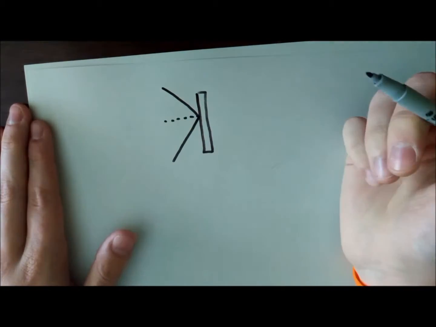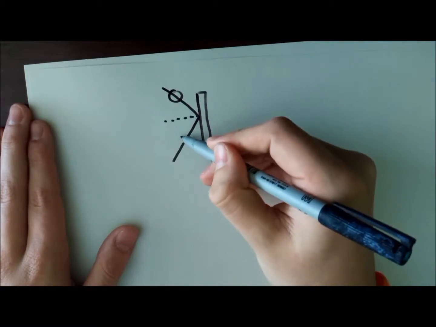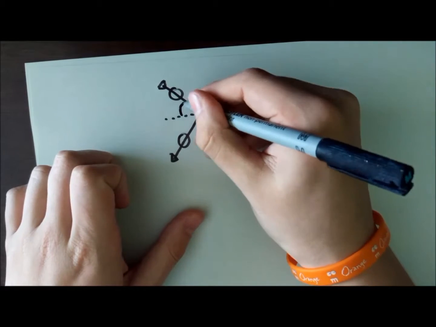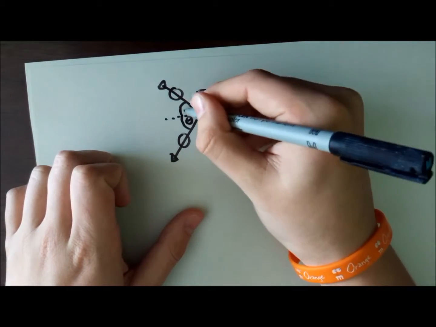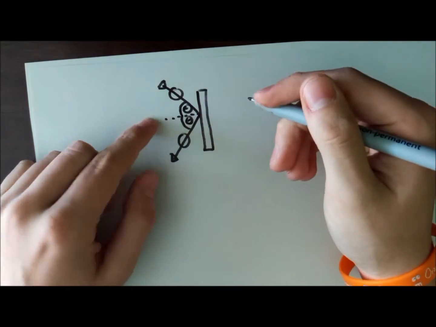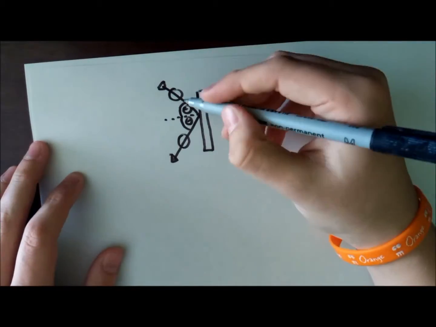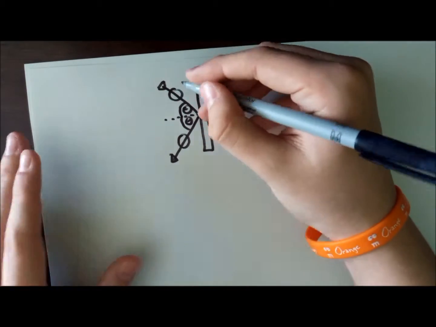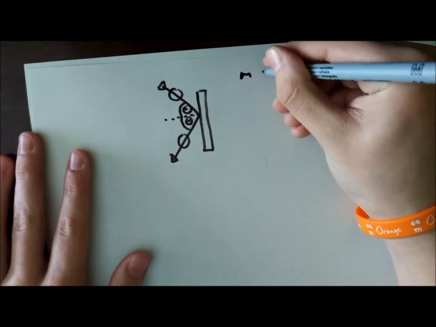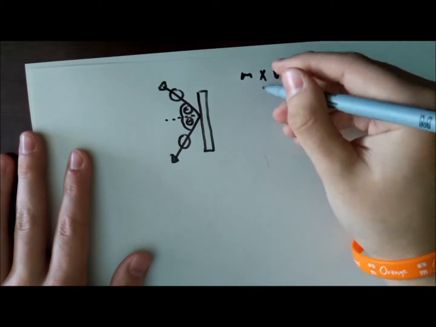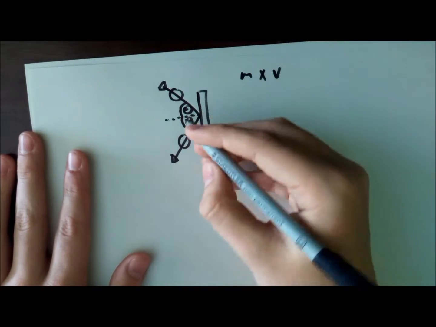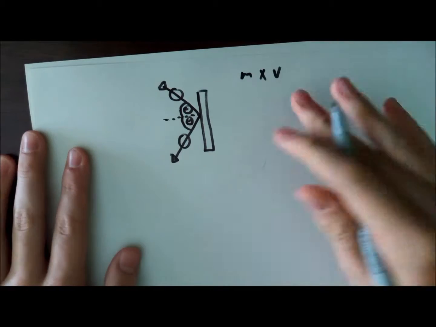Now, if we imagine the ball is following this line, we have an angle theta here, which we will assume is the same. Now to find the momentum of this ball, it's going to be its mass multiplied by velocity, except we're going to need to find the component of its velocity along this horizontal plane.